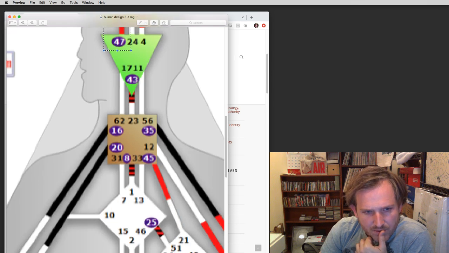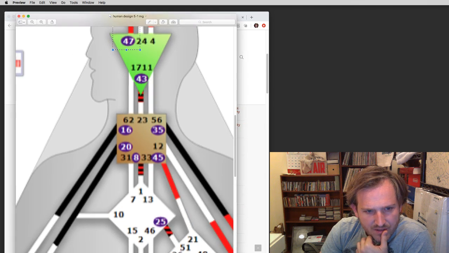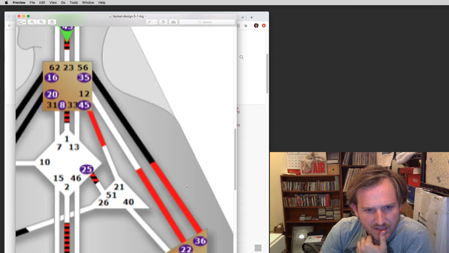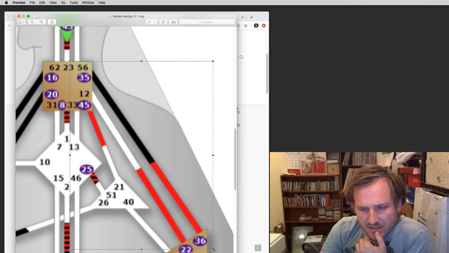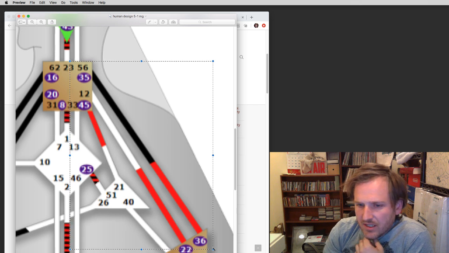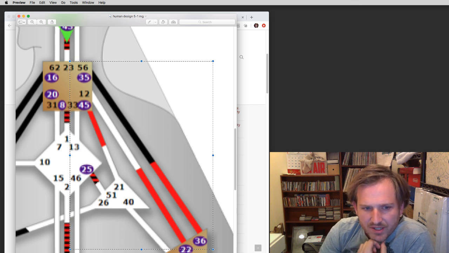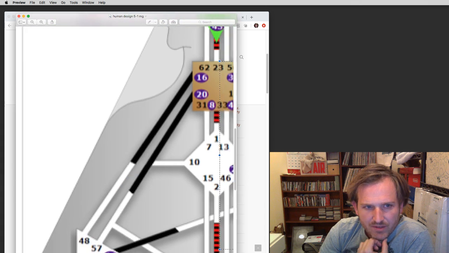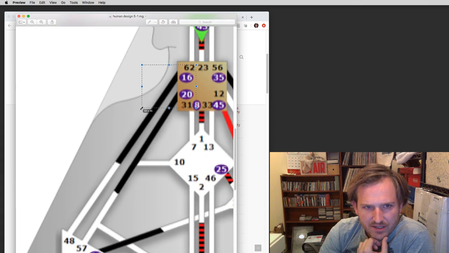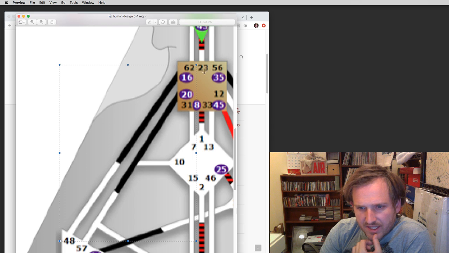So you have this other abstract channel, this 35, 36 right here. The channel of transitoriness, the channel of the jack of all trades. Just to give a comparison to the logic, we have logic over here. The 16-48 is a logical channel. 16 is the gate of skills. 48 is the gate of depth.